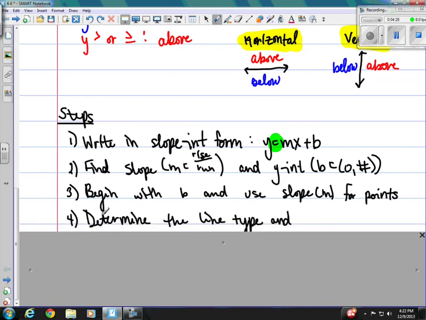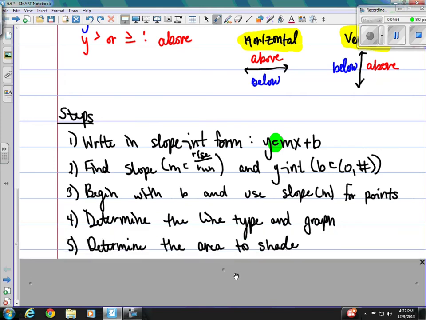So step 4 says determine the line type and graph. So our line type brings us back up to the top where we have to choose if it's less than or greater than, it's a dashed line, or less than or equal to or greater than or equal to, it's going to be a solid line. So determine our line type.